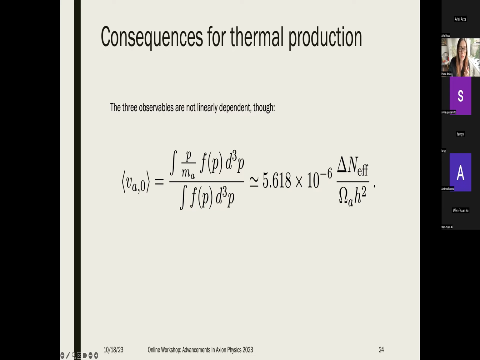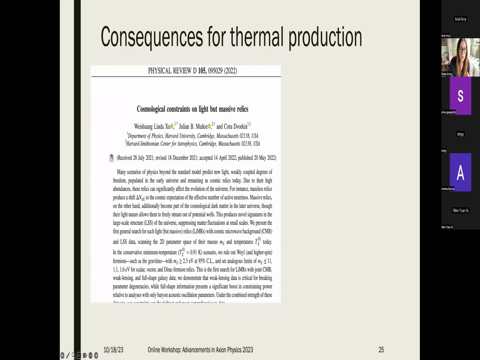So what we did to get constraints was to consider the results of this paper here, that look for constraints on light but massive relics of any kind, fermion or boson-like. And they produced data using different observations.